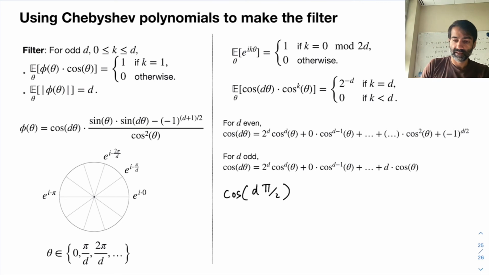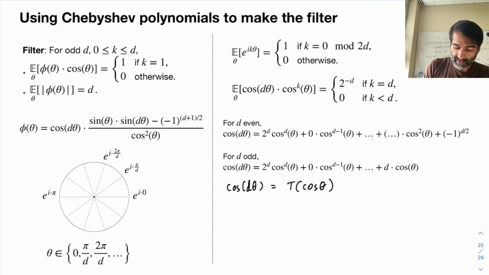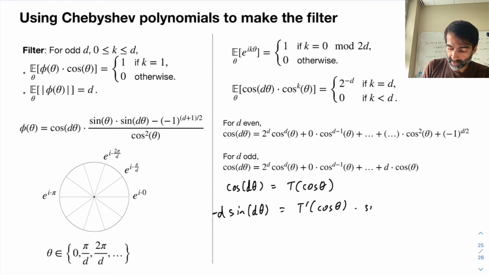Okay. And similarly, to compute the coefficient of cosine theta here when d is odd, take the derivative of both sides and then plug in 0, right? So if we've written here cosine d theta is equal to T of cosine theta, and that means that negative d sine d theta is equal to the derivative of T of cosine theta times sine theta.